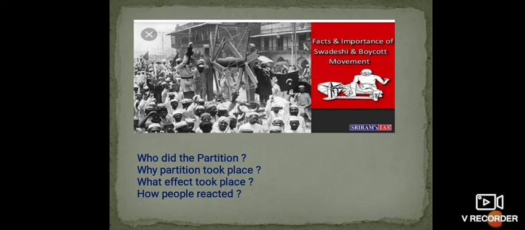That is number one. And number two is language. The language spoken in Bengal before the partition was Bengali-speaking majority and Hindi-speaking majority. So that is all about the facts and importance of the Swadeshi and boycott movement.